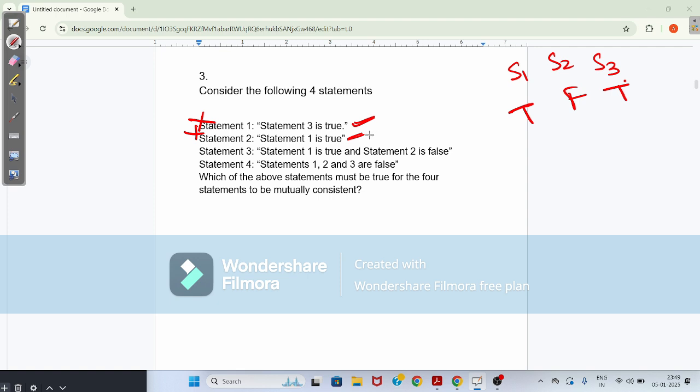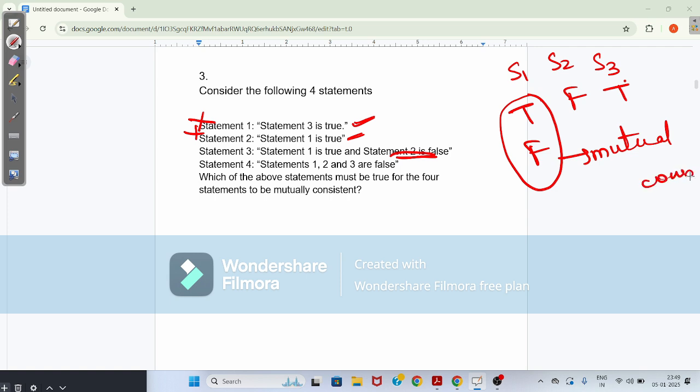Statement 1 is true, which means statement 2 is false, and this one will also be false. So this is also becoming a mutual inconsistency, or paradox. This is the contradiction of the statement. So statement 3 is also false.